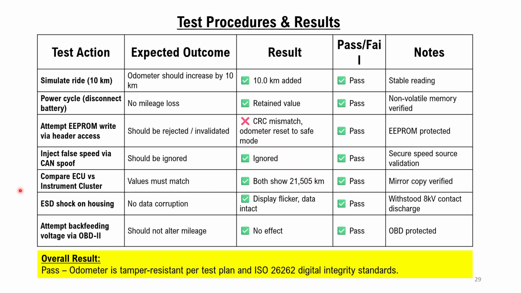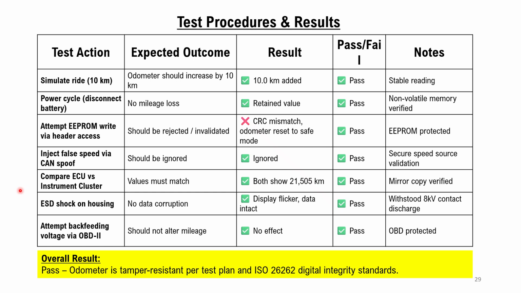Therefore it is passed as a mirror copy is verified. ESD shock on housing: no data corruption observed, the data is displayed, no display flicker or data loss. It is declared a pass.